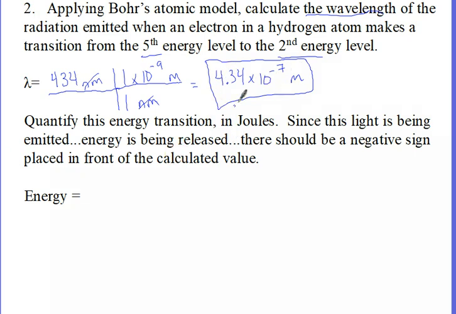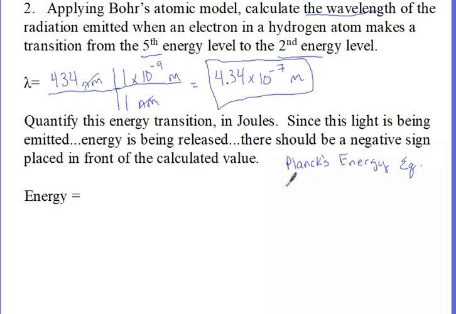And then we're going to learn about a new equation. So Planck's energy equation is what we're going to learn about here. And we're going to work it. We're going to use a couple rearrangements of the formula just to learn a little bit how to make the work go easier.